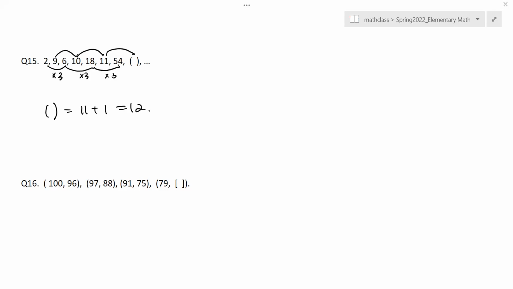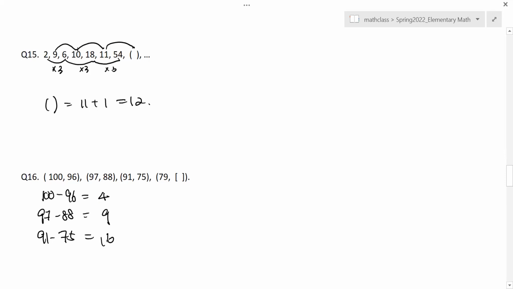So let's try the subtraction. 100 minus 96, the first pair's difference, is 4. 97 minus 88 is going to be 9. And 91 minus 75 is going to be 16.